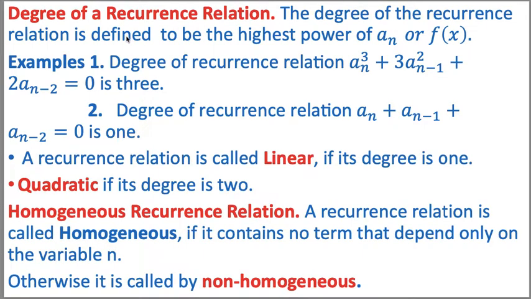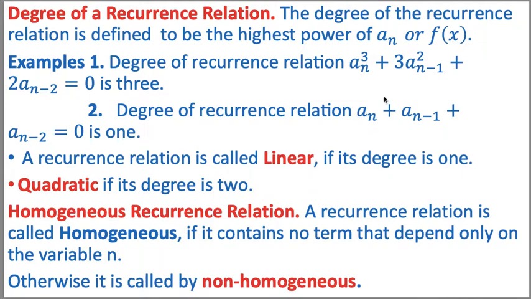The degree of a recurrence relation is defined to be the highest power of an or fx. The degree of the recurrence relation an cube plus 3 an minus 1 square plus 2 an minus 2 equal to 0 is 3, because the power of an is 3 here. And the degree of an plus an minus 1 plus an minus 2 equal to 0 is 1, because here the power of an is 1.